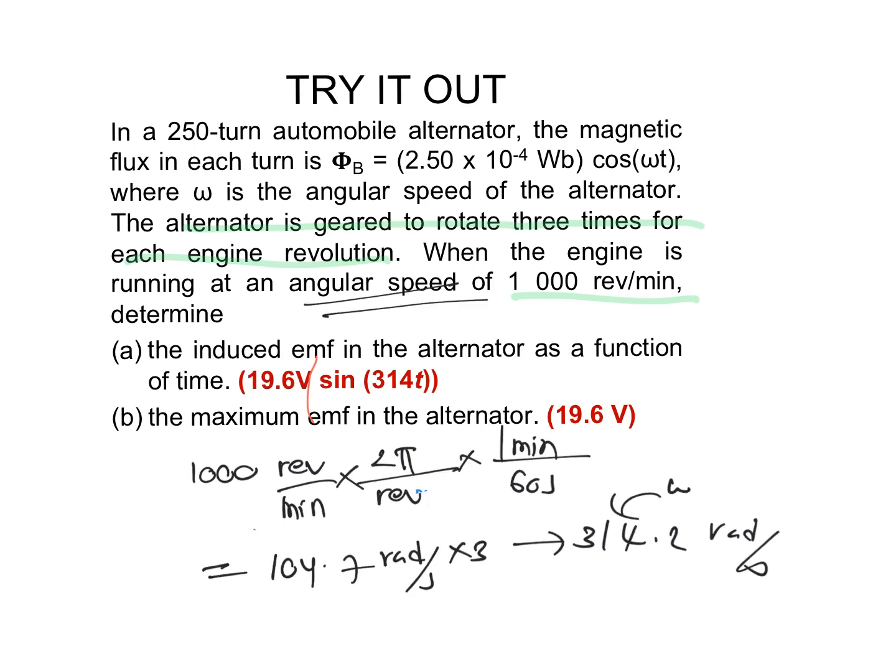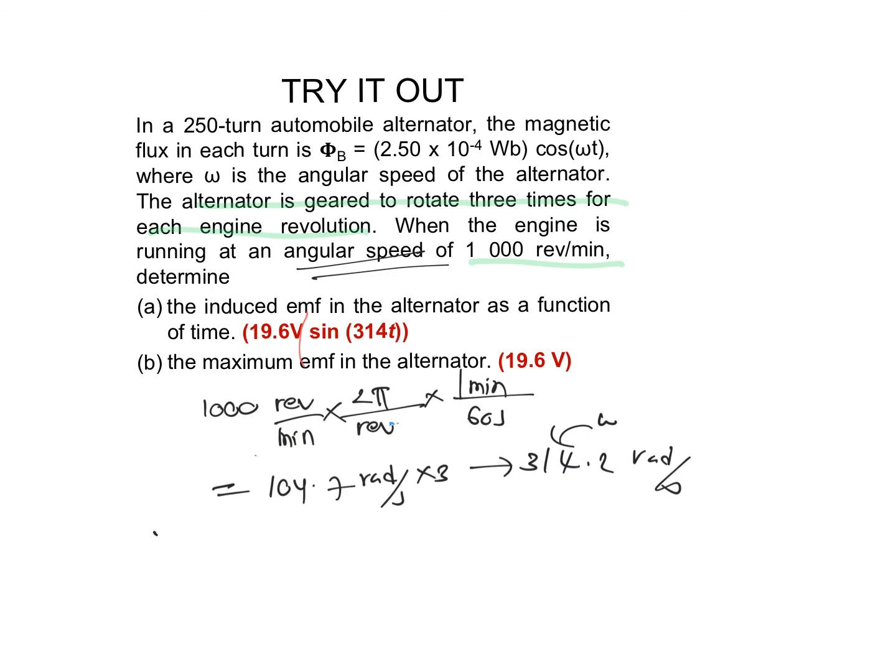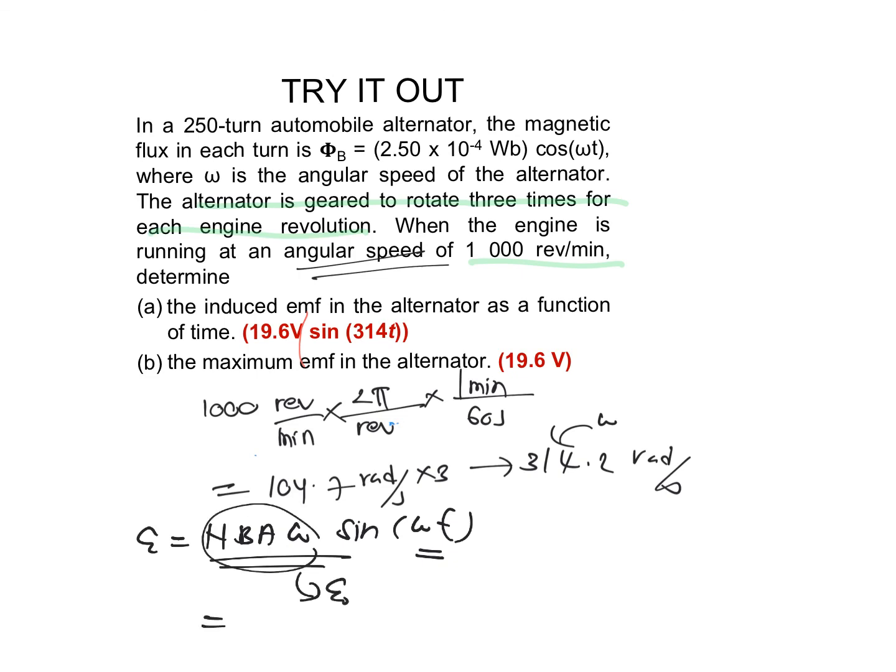Angular speed is omega. Based on the equation, EMF equals NBA omega sine omega t. Omega we already found, so we need to find the induced EMF in the alternator as a function of time. This is the epsilon naught. So N is 250, times BA, which is basically the flux. The original flux here is 2.50 times 10 to the negative 4 Weber.